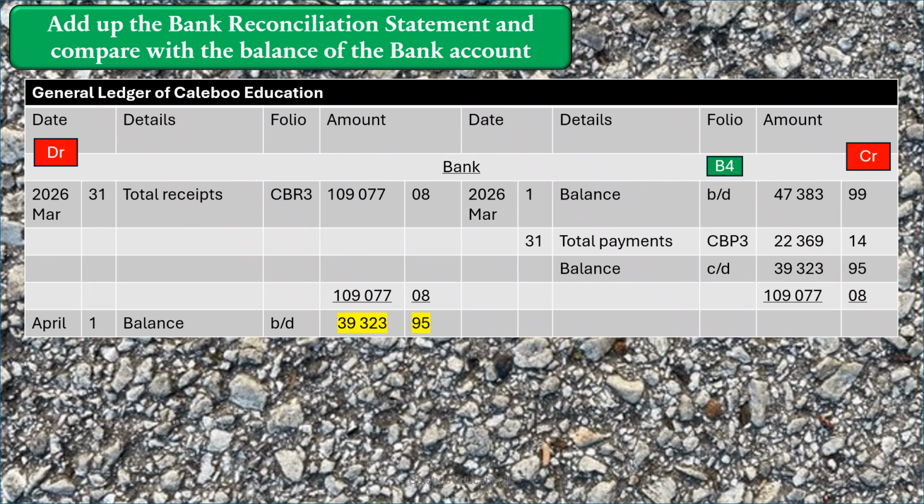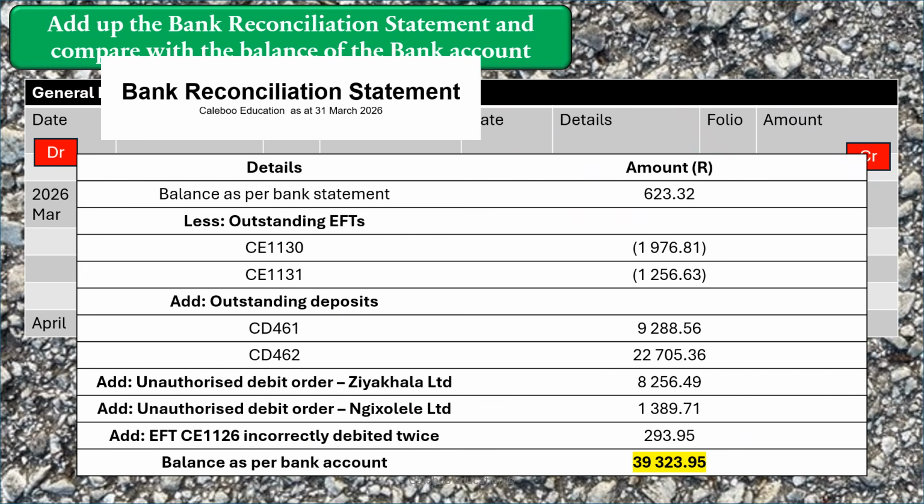That's what the account looks like, just clearly without any markings. And once we total up what we got on the bank reconciliation statement, we get 39,323.95, which is the balance as per our bank account, which we updated. And fortunately, that works out.